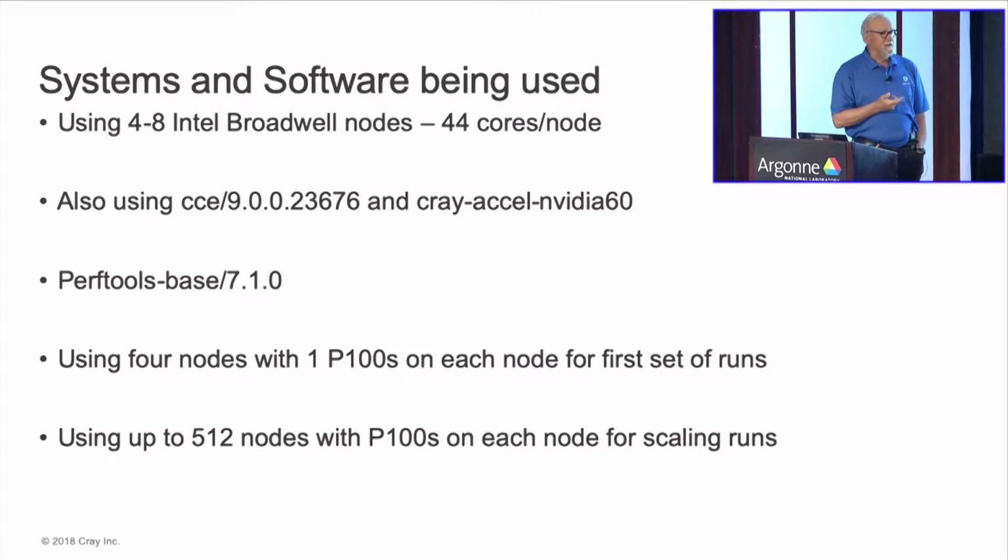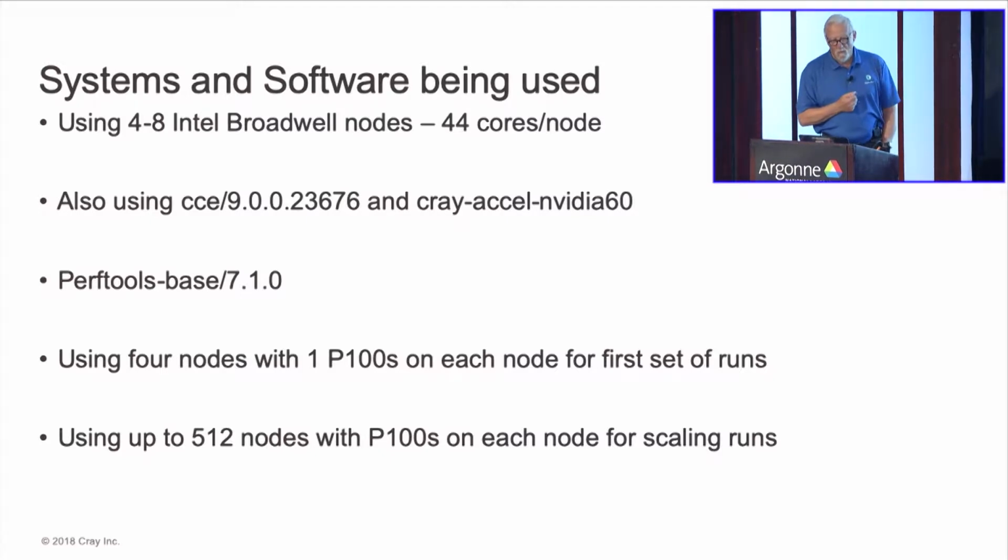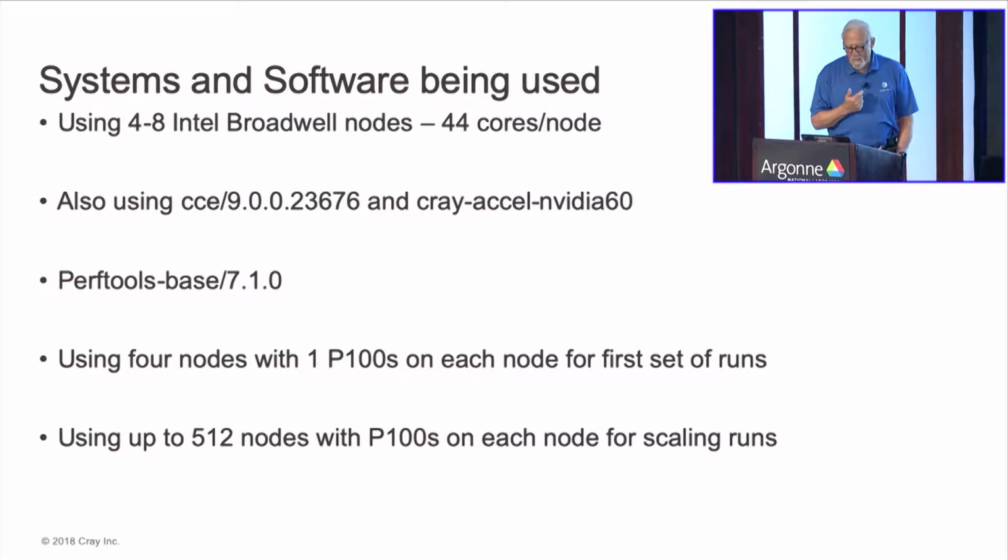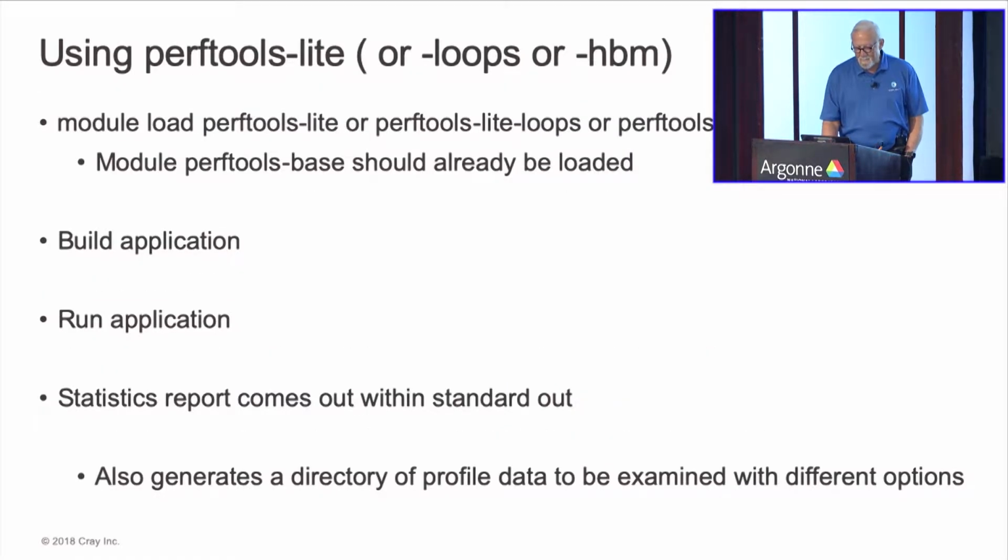I also have some GPU statistics and work, and I was using P100s, 4 nodes with P100s, and then I ran scaling runs on Piz Daint in Lugano, Switzerland, which is where I'm going to retire. Beautiful place.